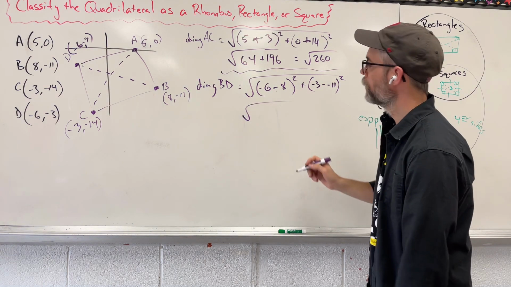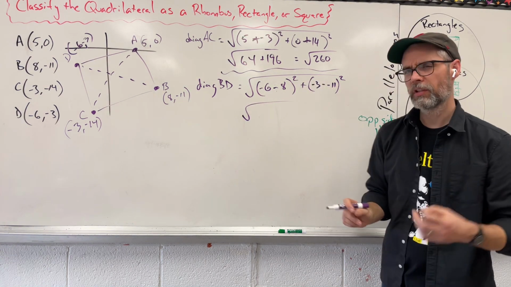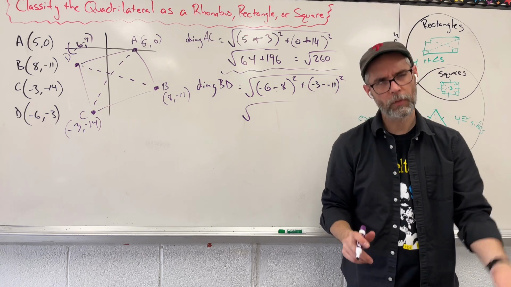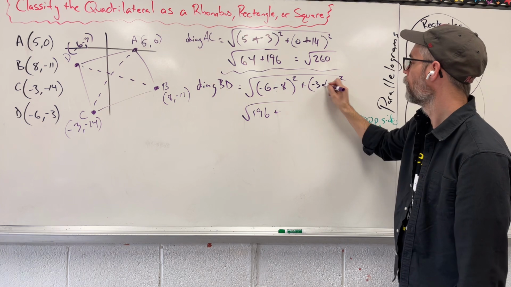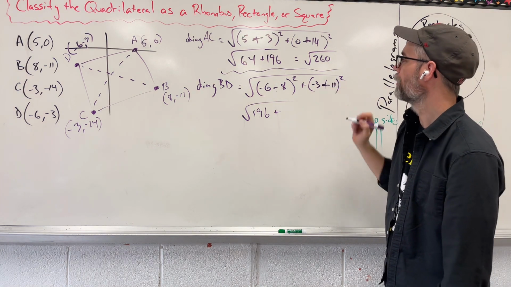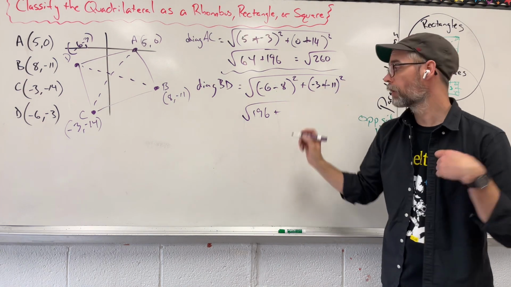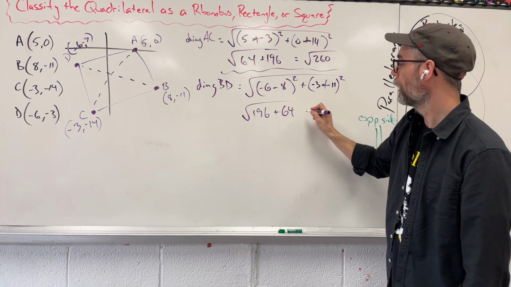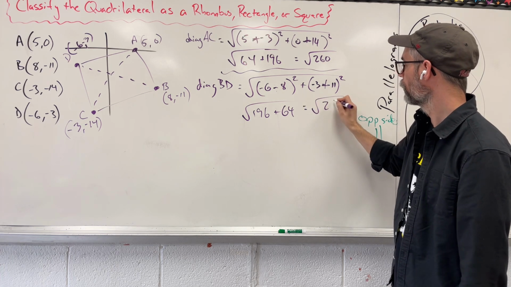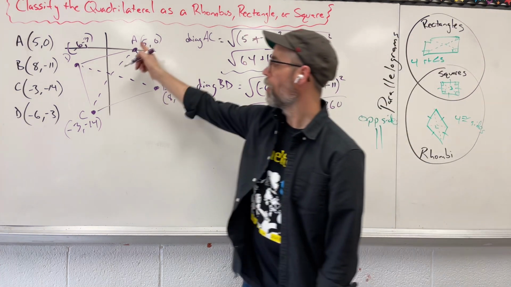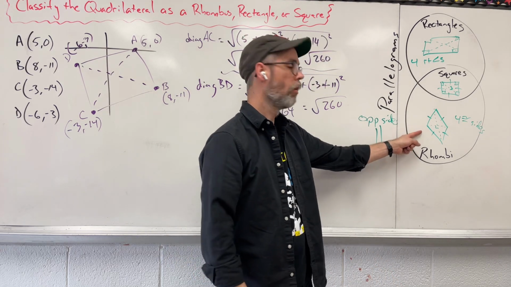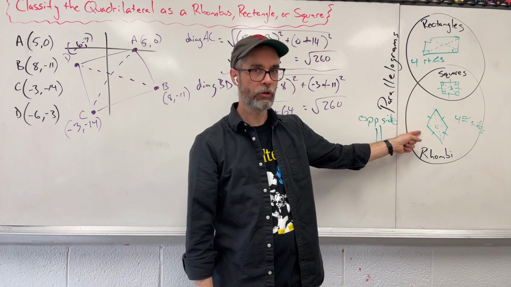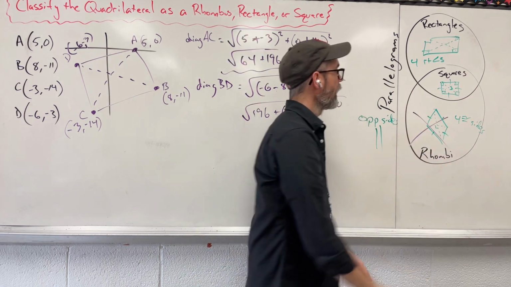When we simplify, we get negative 6 minus 8, which is negative 14. Negative 14 times negative 14 is 196. Plus, we have a plus sign there. 11 minus 3 is going to give us 8. 8 squared, 64. And we're left with the same thing, square root of 260. So we know that both diagonals are exactly the same. For a rhombus, our diagonals are not the same. So that is not the case.